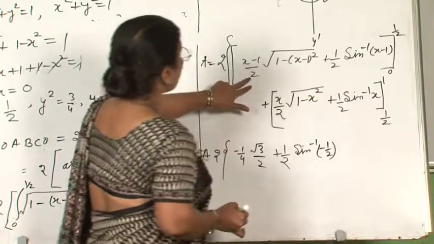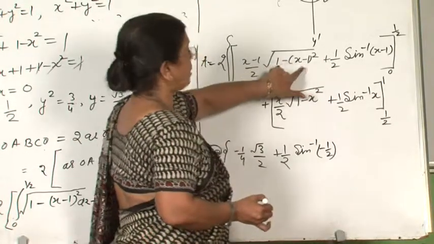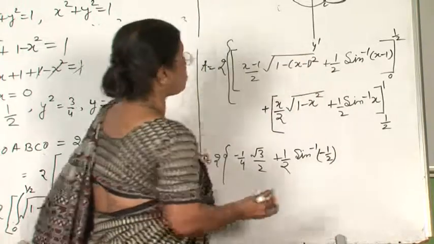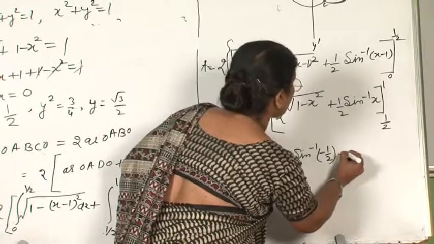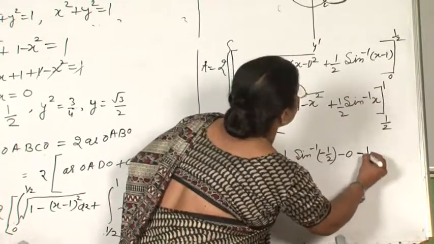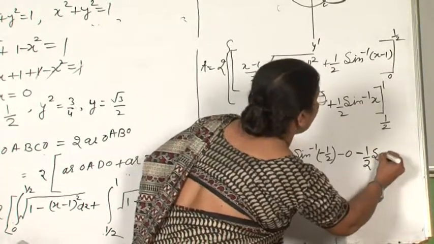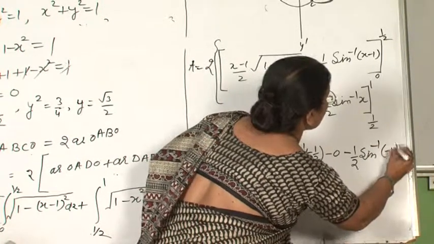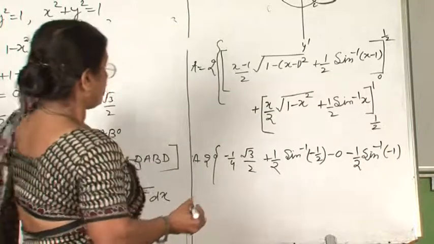If you put 0, the first term becomes 0 because 1 minus (minus 1) whole square becomes 0, so no need of writing this. And if x is equal to 0, this becomes 1 by 2 sine inverse of minus 1.